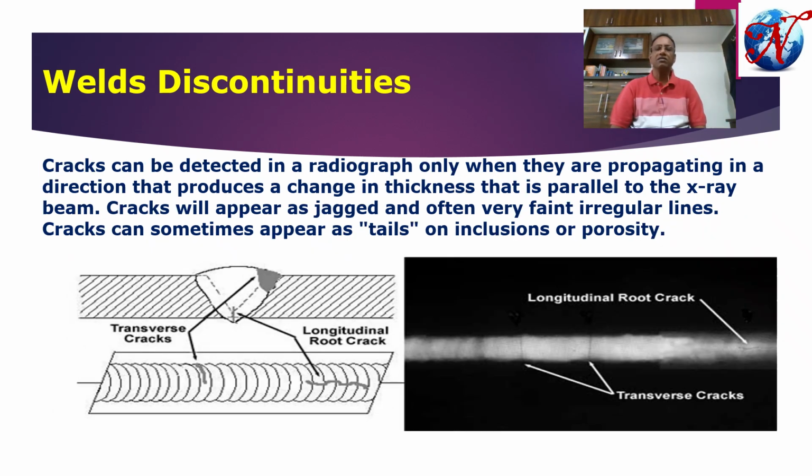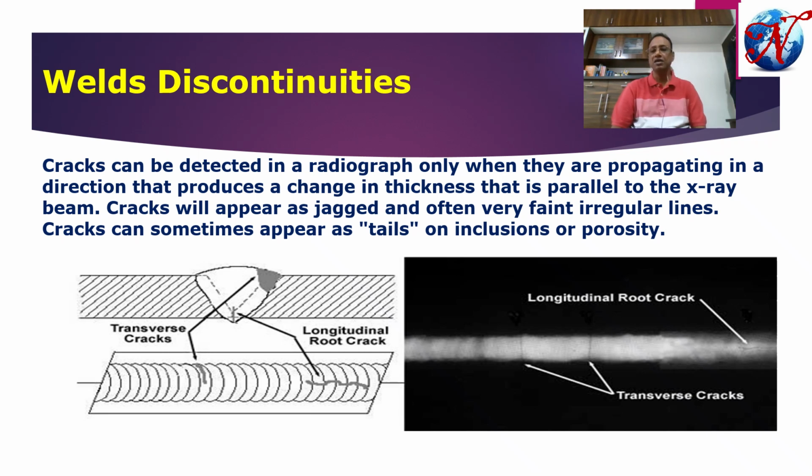Next, the cracks. Cracks can be detected in the radiograph only when they are propagating in a direction that produces a change in thickness that is parallel to the X-ray beam. Cracks will appear as jagged and often very faint irregular lines. Cracks can sometimes appear as tails on inclusions or porosity.